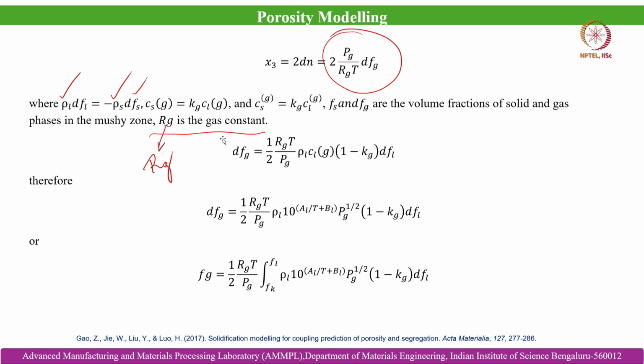So, that value we are putting for CL into 1 minus Kg DFL, and then if we integrate it, we can get the volume fraction of gas in the mushy zone, that is Fg. Again it should be the subscript, so please correct it. So, Fg is equal to half Rgt by Pg integration Fk to Fl rho L 10 Al by T plus Bl Pg to the power half 1 minus Kg DFL.